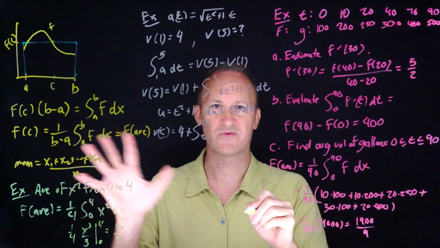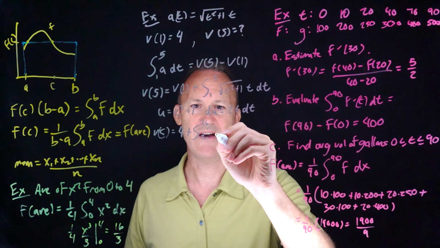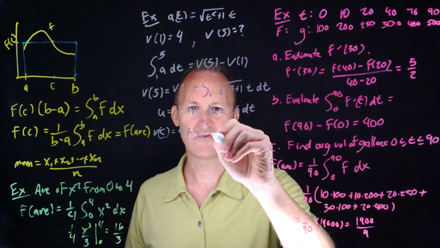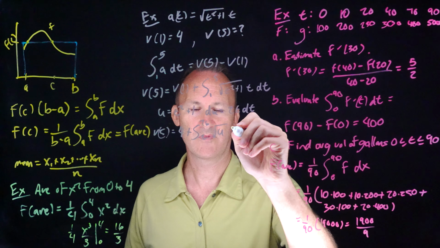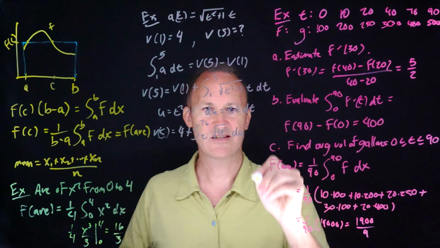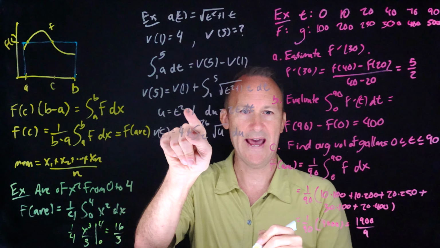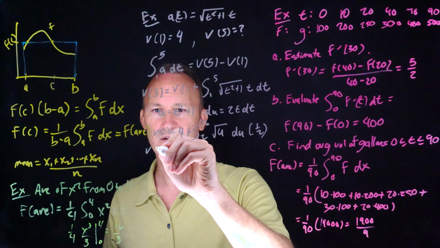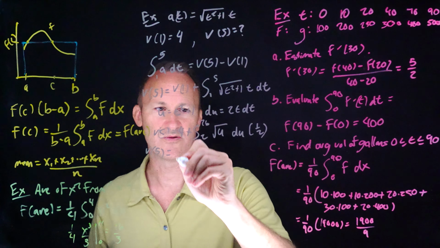Okay, so now we're in terms of u, and then what I have is just the square root of u du, and I still have this 1/2, right? Because we didn't account for the 1/2, I left a little room. I'll just stick it out over here. The 1/2 is going to come out in front.